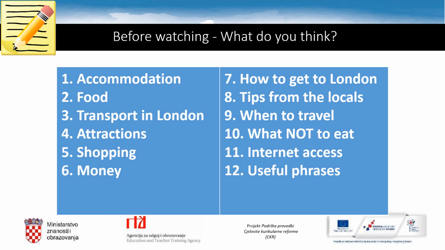There is accommodation, food, transport in London, attractions, shopping, money, how to get to London, tips from the locals, when to travel, what not to eat, internet access, and useful phrases. So write the numbers of these sections you think will be mentioned in the video.